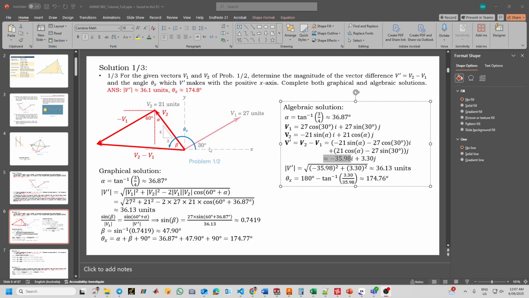So when we are in the top left, we use this formula: 180 plus tan inverse of this value divided by this, or 180 minus tan inverse of the absolute value of the coefficient of j over i.